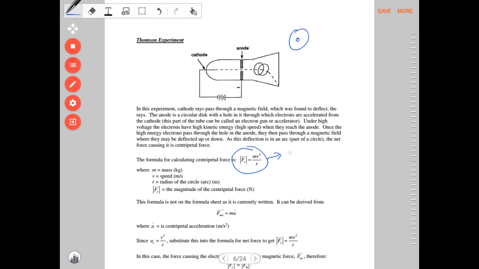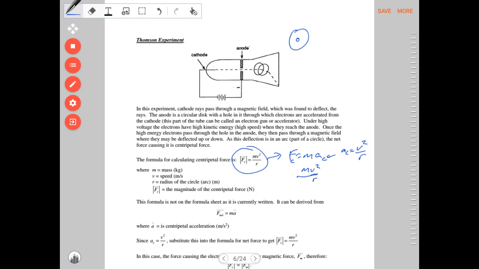You have to know that F equals ma, and if we're talking about a centripetal force, we have to talk about a centripetal acceleration. Now, on your formula sheet, your centripetal acceleration is v squared over r, so if we substitute that in, it's mv squared over r. Okay, so that is where this formula comes from, and you have to know how to make it.